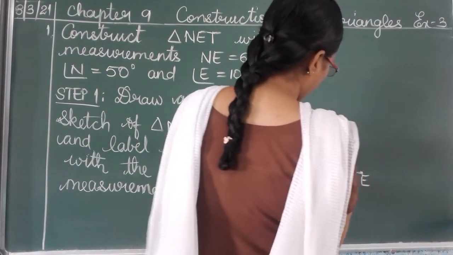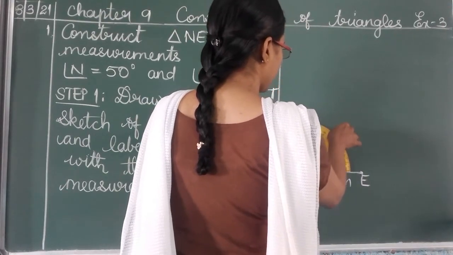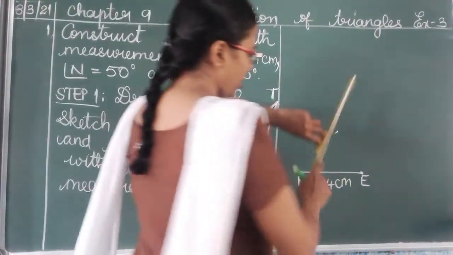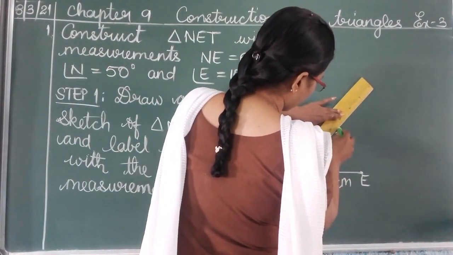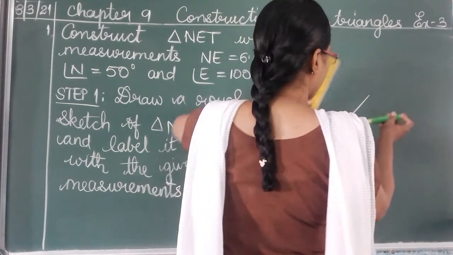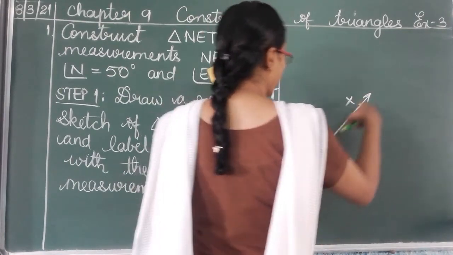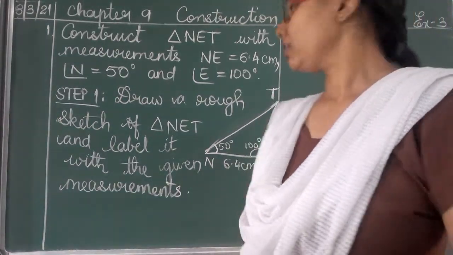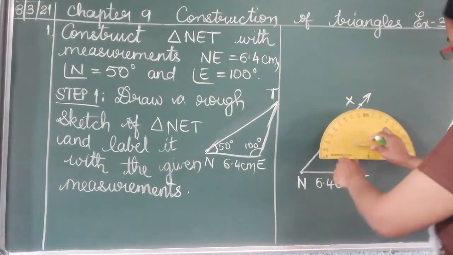So here you can see that we are keeping the protractor at 50 degrees. I am going to draw a ray using my scale. So draw a ray. Keep a straight line, and then this is a ray which I have drawn. Arrow, and this is X, NX. Now we have to draw an angle of 100 degrees. 100 degrees, use your protractor again.